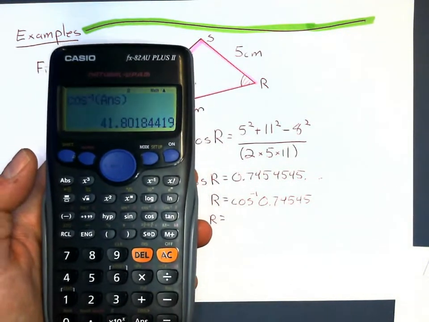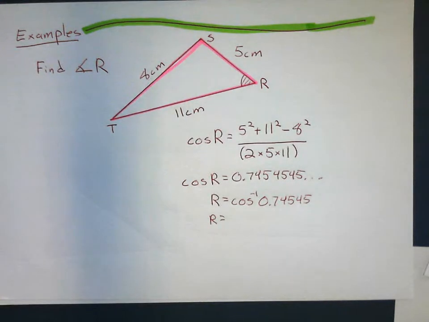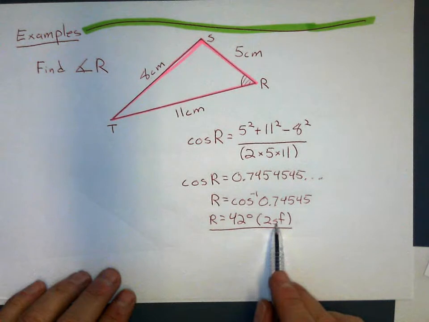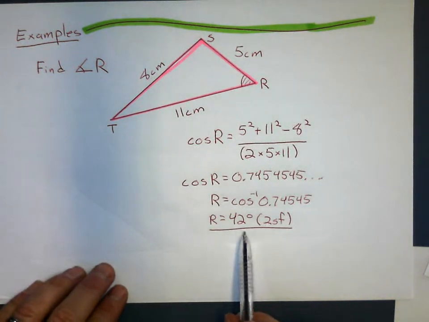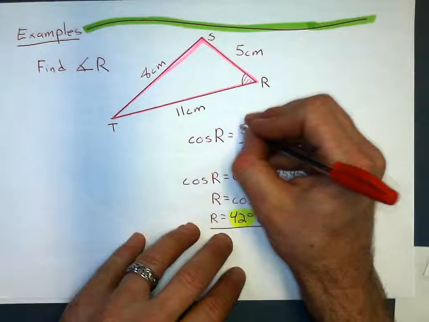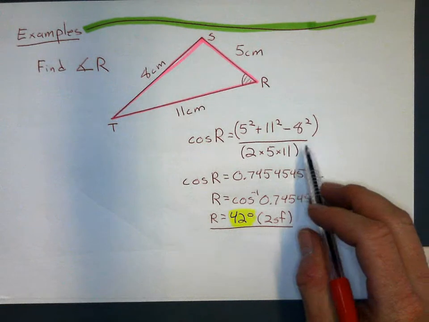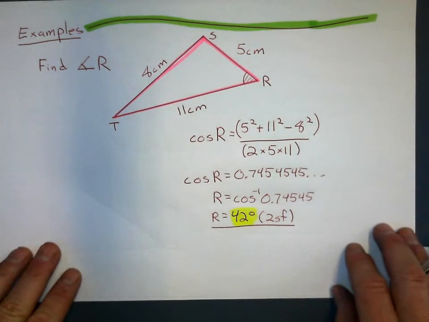And it'll give us 42 degrees to no decimal places. Okay, 42 degrees to two significant figures. We don't really need decimal points when we're doing this. So a hint is to put that top bit in brackets as well when inputting it on the calculator. Okay?